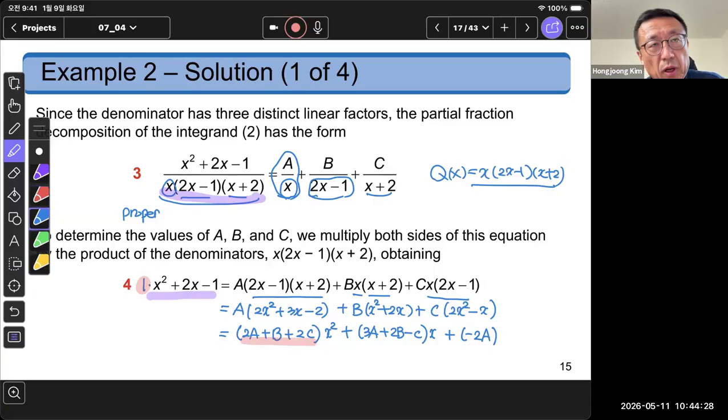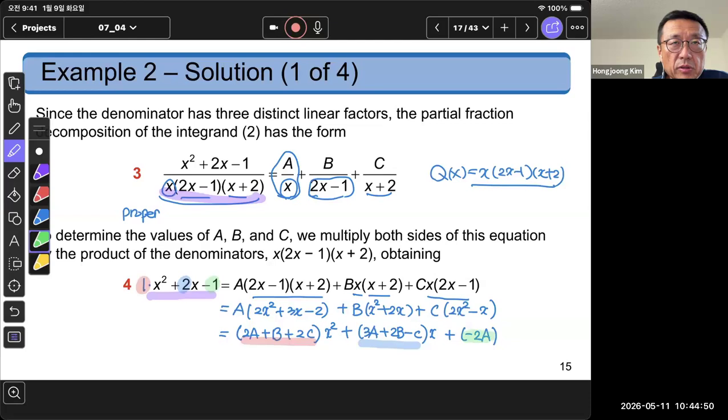And the coefficient of x on the left is 2, while on the right I have 3A plus 2B minus C. They must be the same. And the constant term on the left is negative 1, and on the right it is negative 2A.